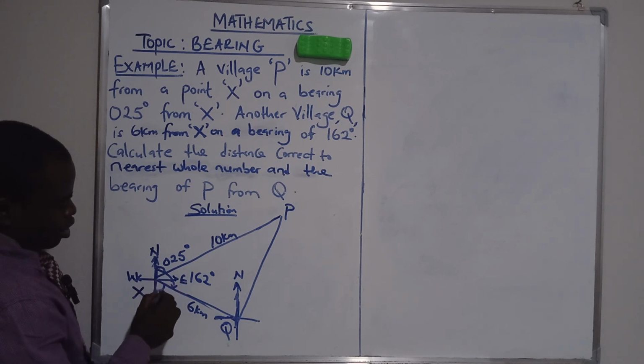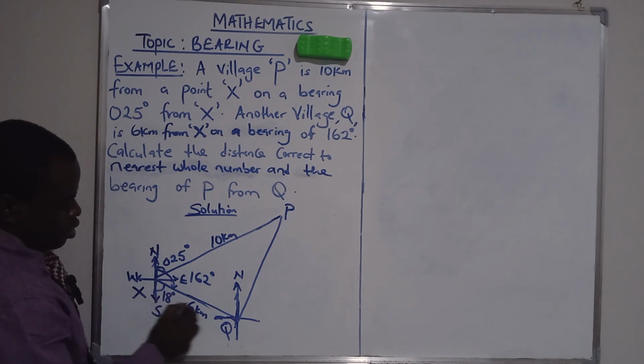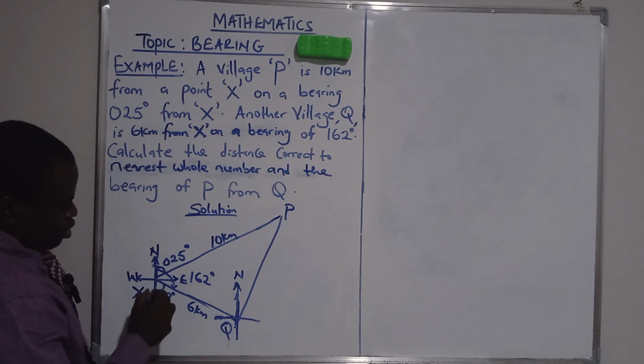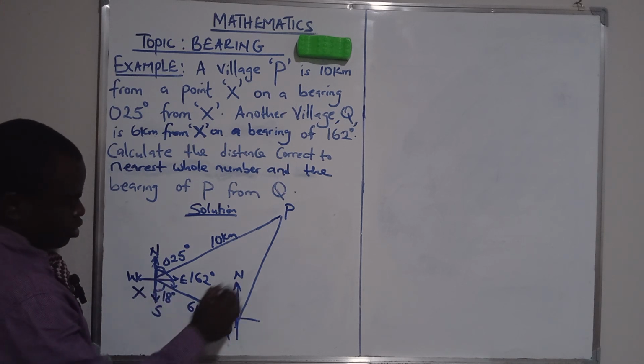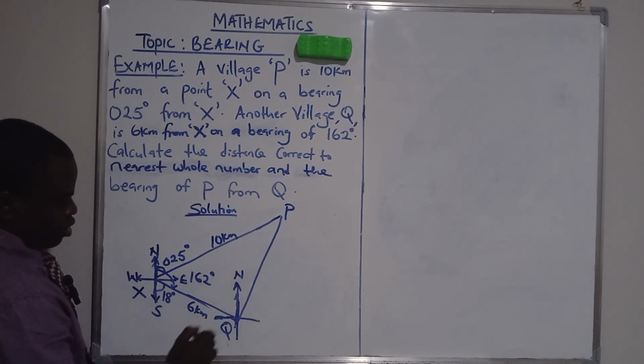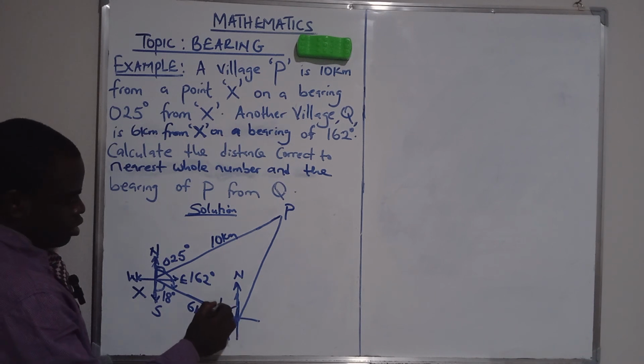When you subtract from 180, you have 18 degrees. This line is parallel to north, and this one also is 18 degrees.